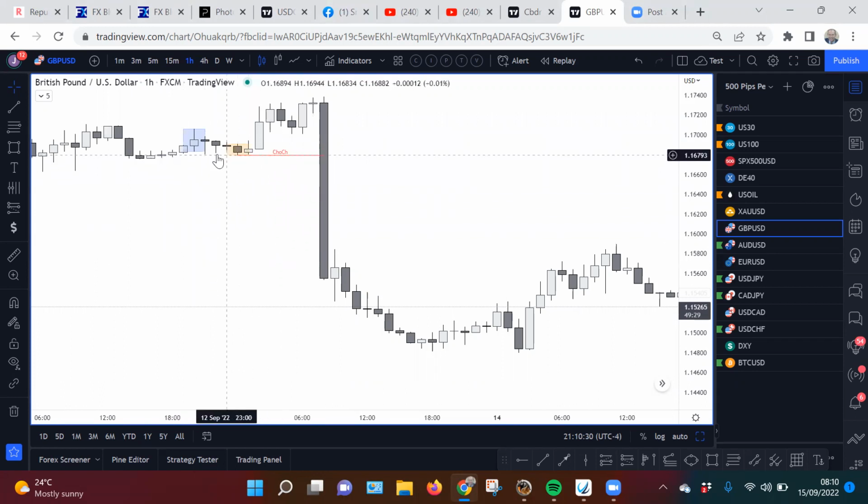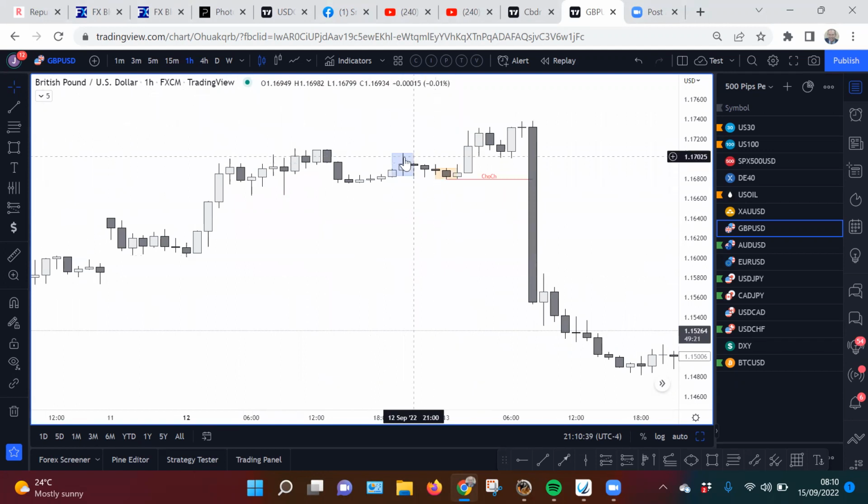So what I'm going to do is go all the way back down to the bottom of the first move that started down here. There's some imbalance or a fair value gap, without being too technical. I'm going to go all the way back. There was a gap down there. You can see a gap. Don't worry about it. It was space.